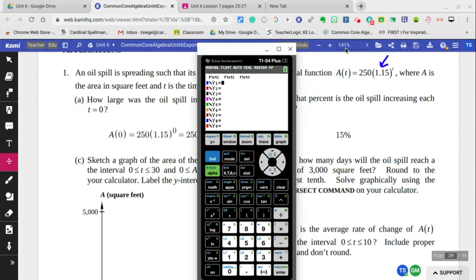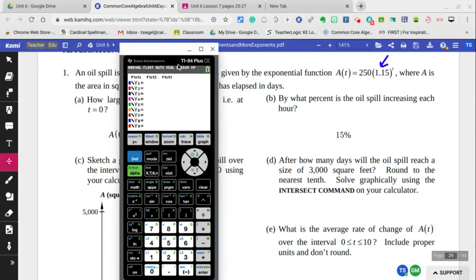Let me move this over here, which Mr. Kurt Weller can do to get it out of the way. And we're going to put in 250 times 1.15, and we're going to raise this, this button here, to the x power. Okay, we don't have a t.